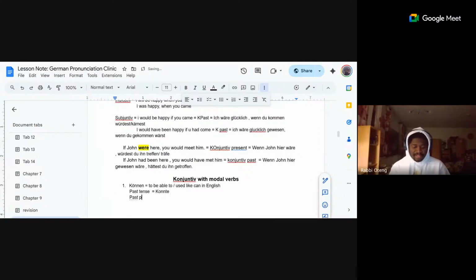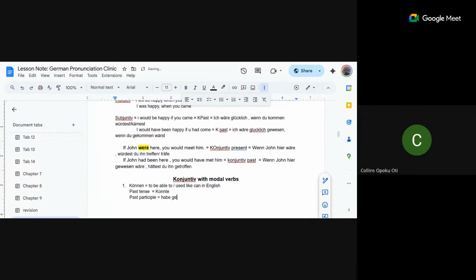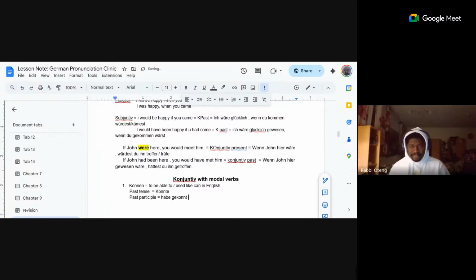And the past participle is have become. Yeah, but like I said, we don't use the past participle for the modal verbs. It's the same with wollen: Ich habe gewollt.